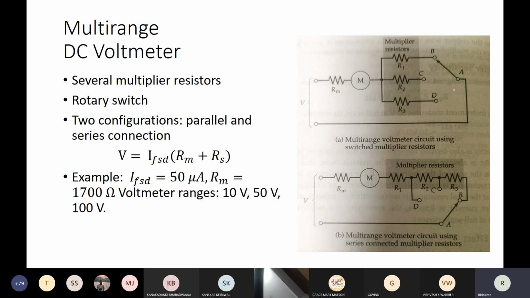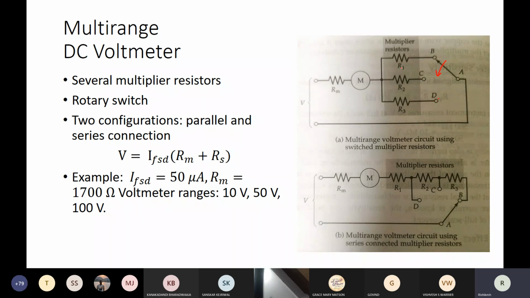Okay, so several multiplier resistances are there, and you use a rotary switch which can take different positions B, C, and D. Accordingly, R1, R2, or R3 will be in series, and you can use this. So there are two configurations that are possible. One is parallel, other is series connection.